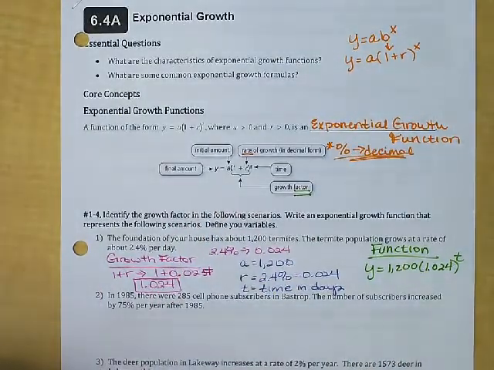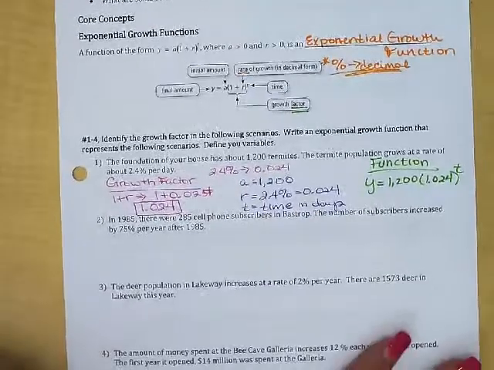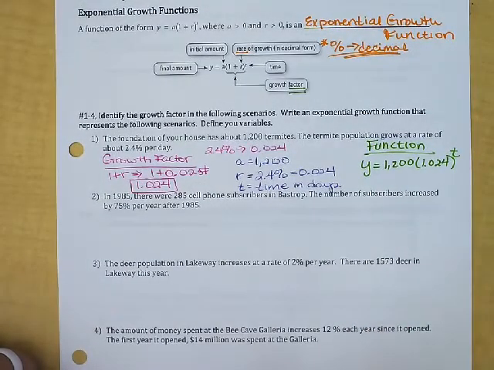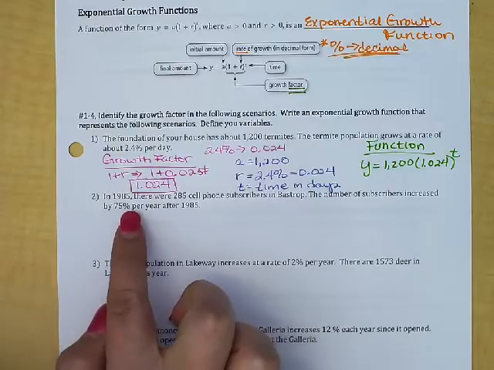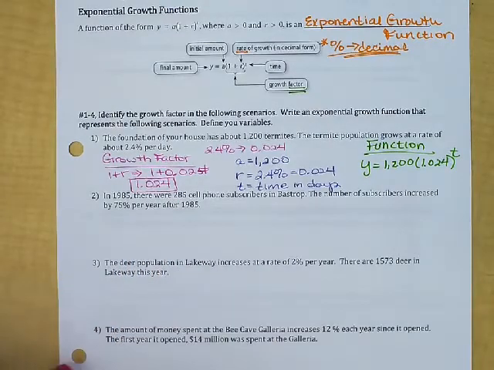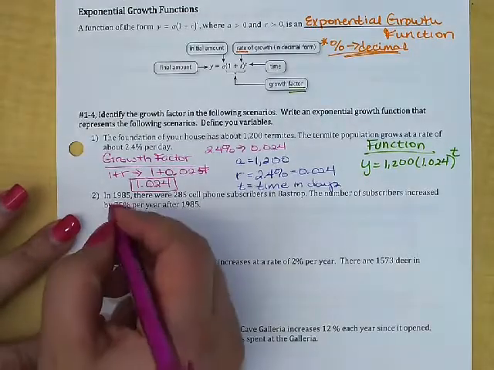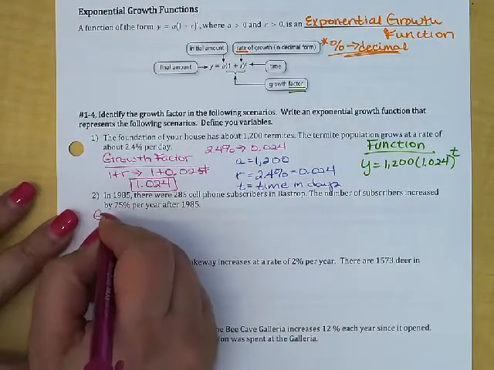Okay, all right, let's try it again. Let's do another one here. We've got, in 1985, there were 285 cell phone subscribers in Bastrop. The number of subscribers increased by 75% per year after 1985. So if we go through this again, we're going to find, number 1, find your growth factor.